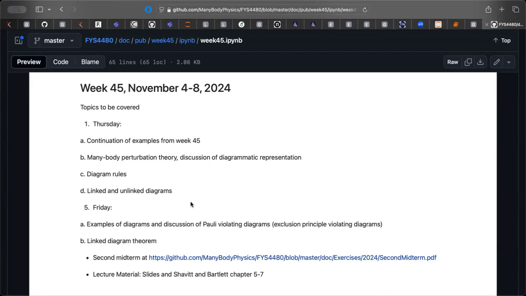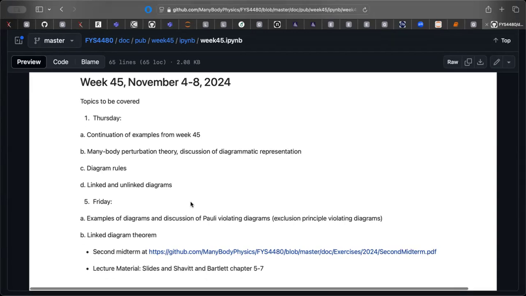So this is a technicality, and this leads also to something which is called Pauli violating diagrams and the final linked diagram theorem, which states that the only contributions we need to take into account when we are using Rayleigh-Schrödinger perturbation theory is the so-called contribution from linked diagrams only. So we are going to spend today and tomorrow on these diagrammatic technicalities.